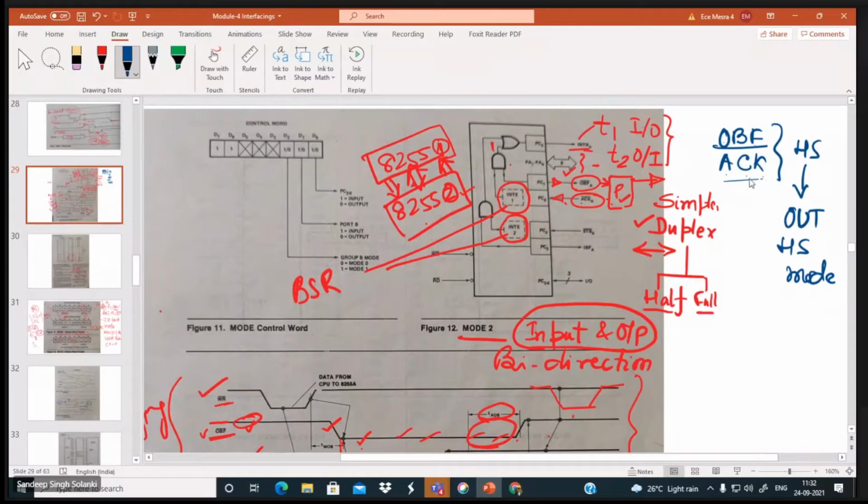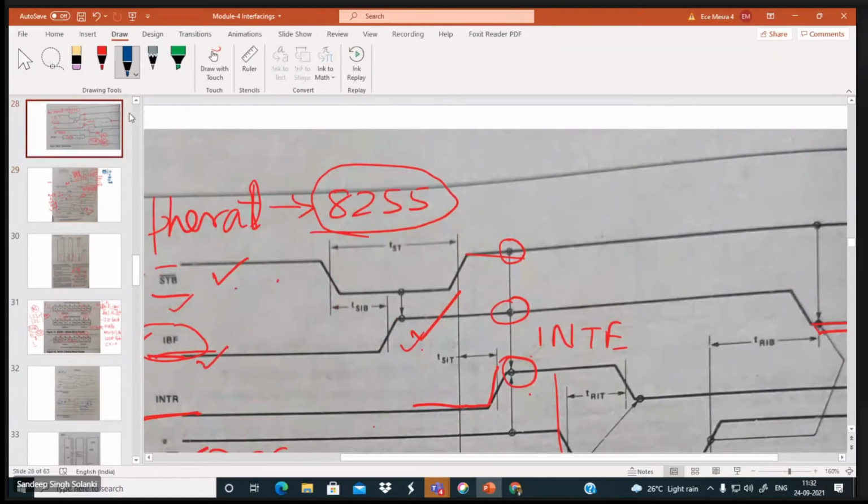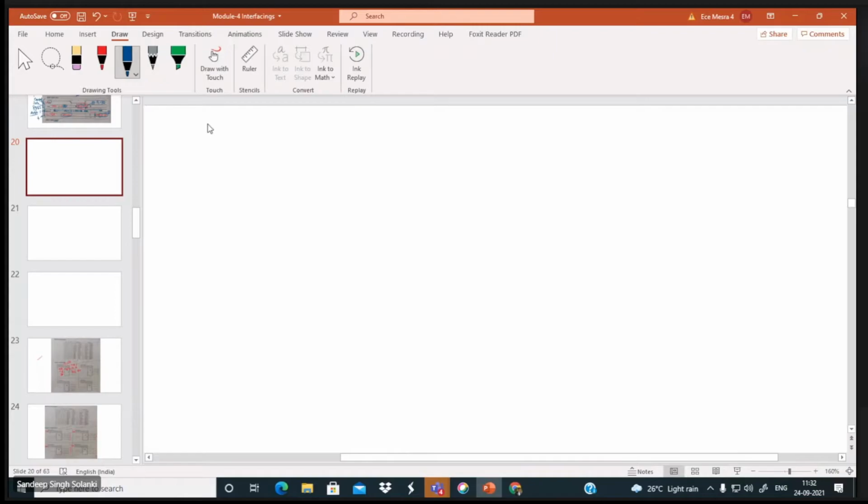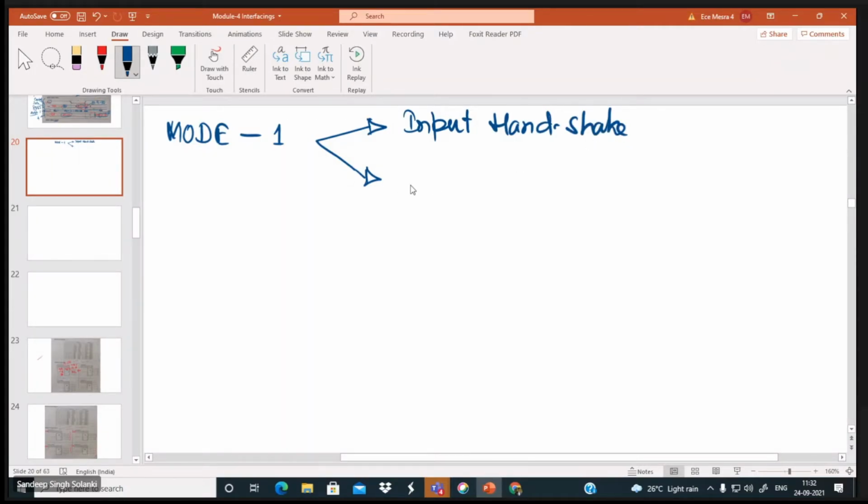So please remember that when you enter mode 1, you can program it for two operations: one is input handshake, and the next is output handshake.